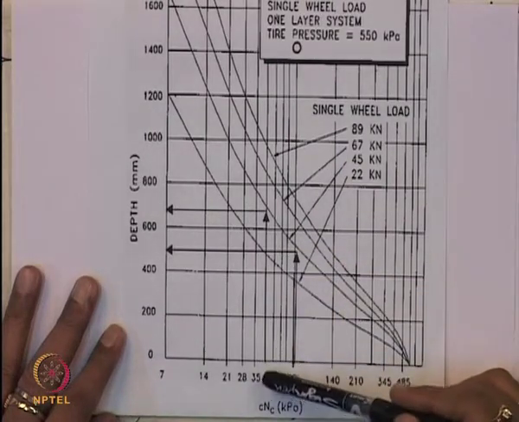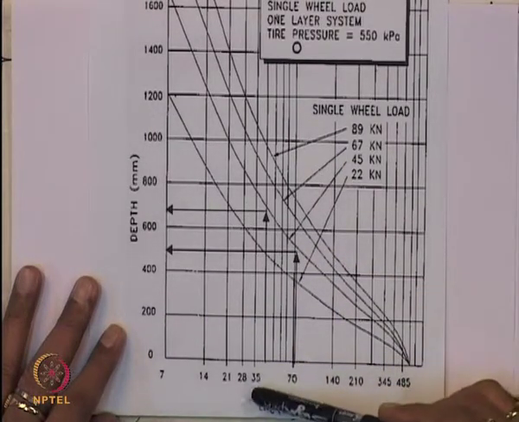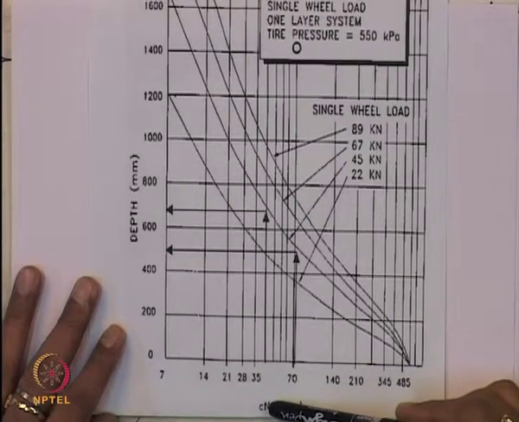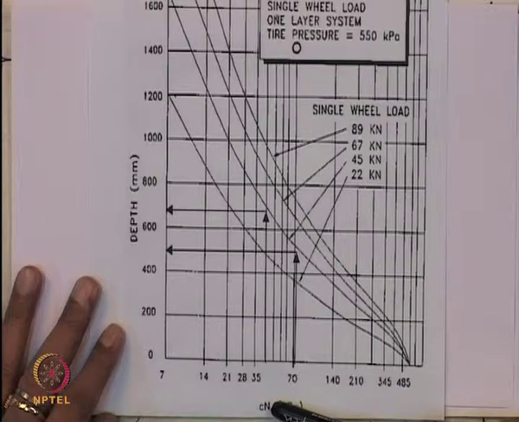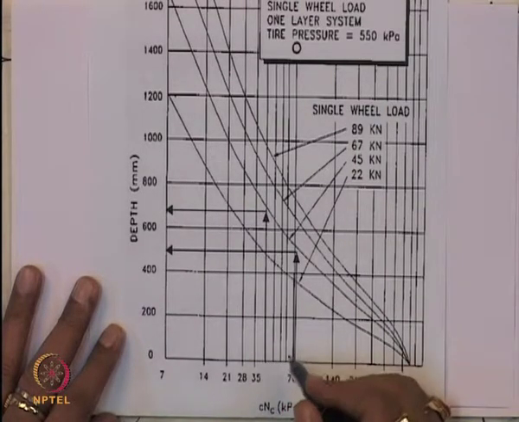Now we calculate the C into NC value. We know the unreinforced shear strength and we know the NC. NC for the unreinforced case is 2.8 and C is 15. So C into NC will be equal to 42 kilopascal.